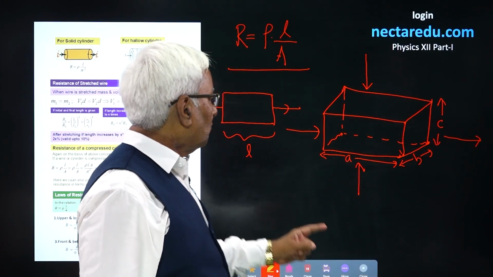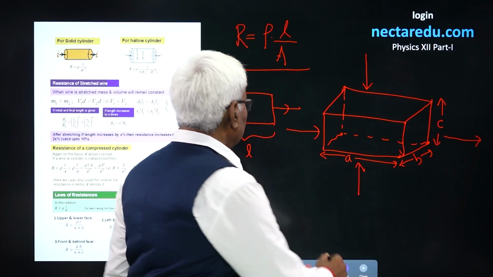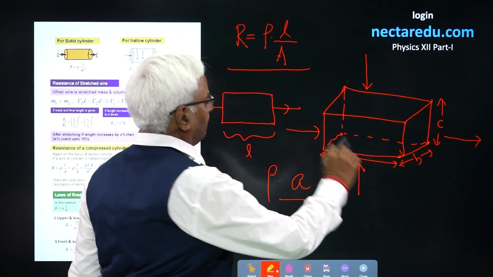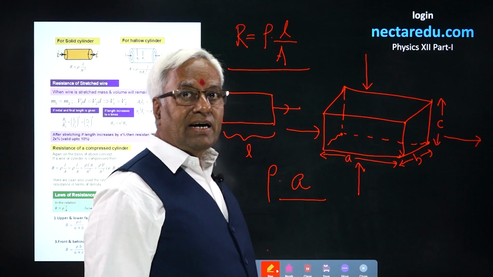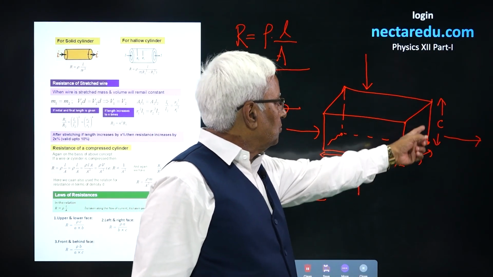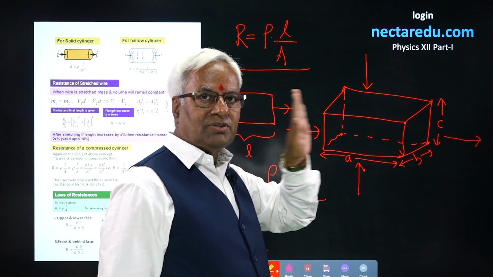And that's why we are going to consider the length as A. So in place of length, you are going to write A. And area perpendicular to this current flow is going to be B into C. This surface will be like this.